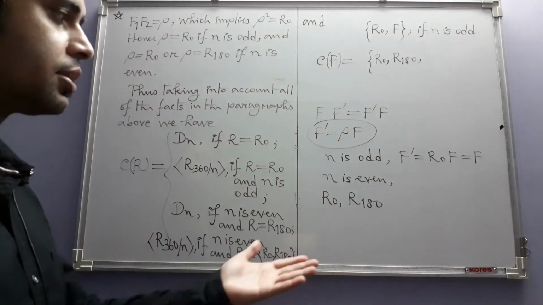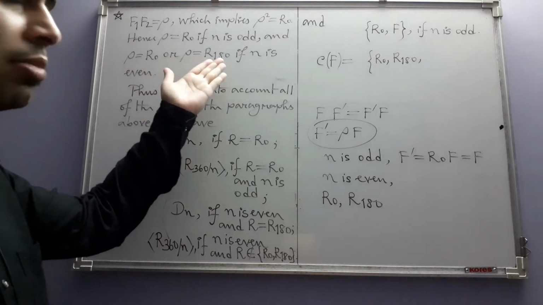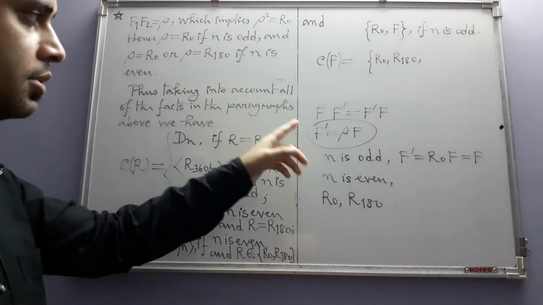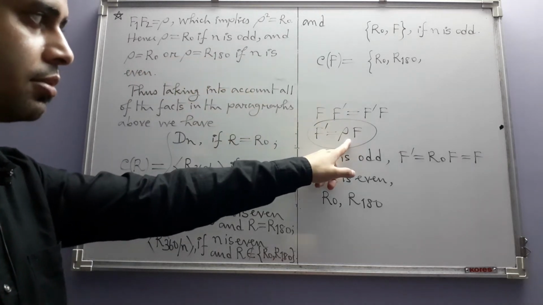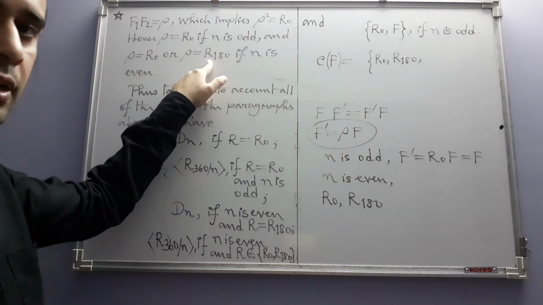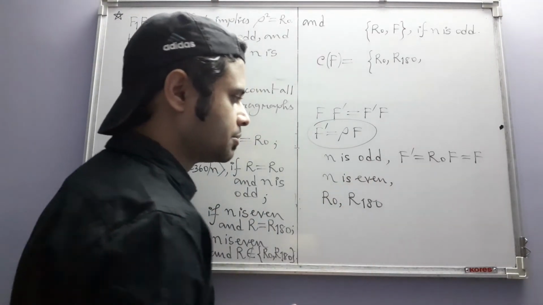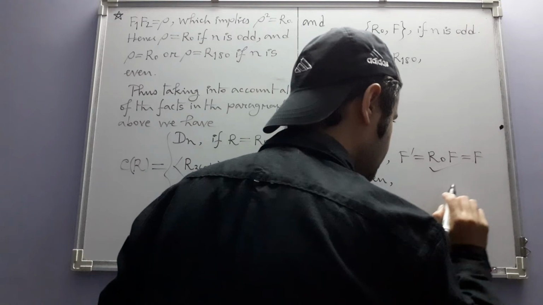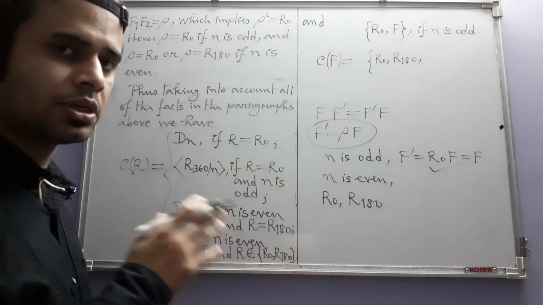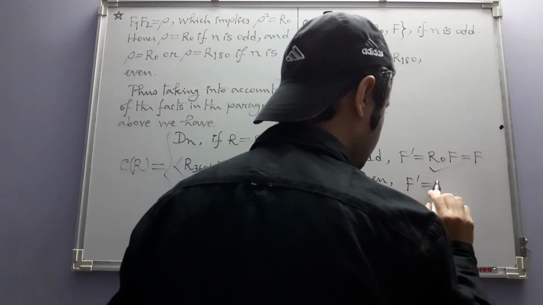And what reflections commute with F? They will be determined by the possibilities for rho. Say F prime is a reflection that commutes with F, then when n is even, rho has two possibilities, R0 and R180. So accordingly there will be two F primes. One of them is of course this, which comes from R0, and the other comes from this.